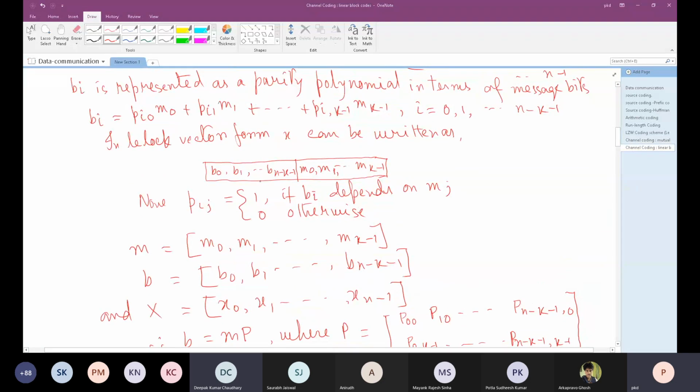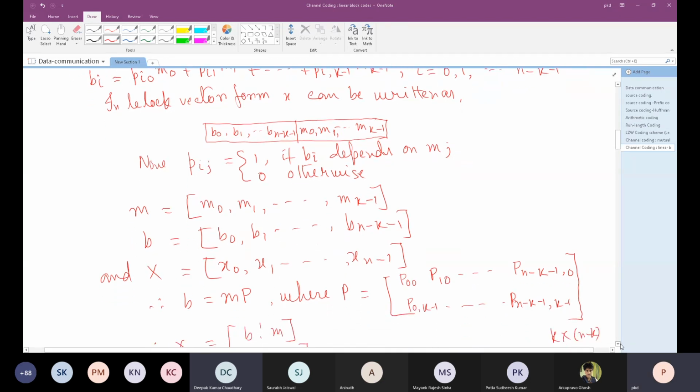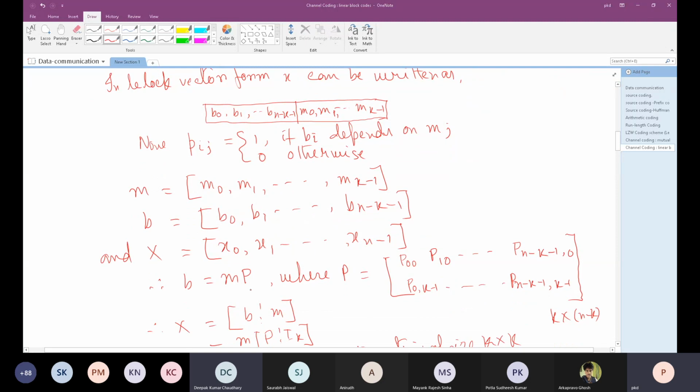These are B0, B1 and M. B is B0 to B(n minus k minus 1), M is M0, M1 to M(k minus 1), and X is the code. So B is equal to MP, where P is the parity matrix, given in that matrix. So now we have to see how this will be done.